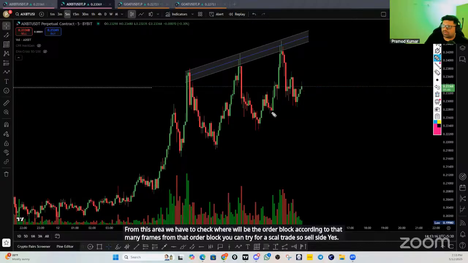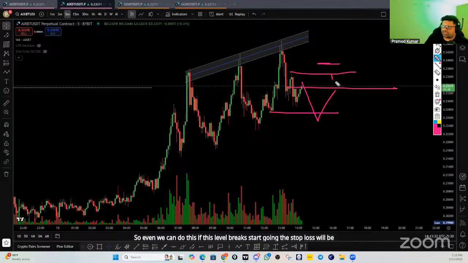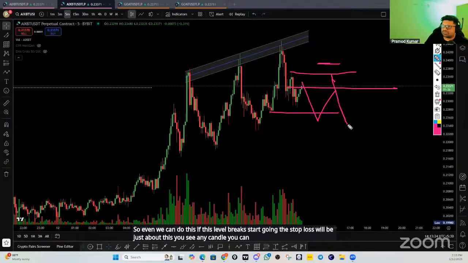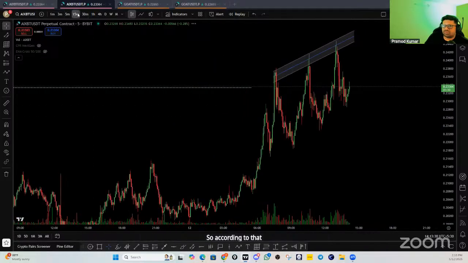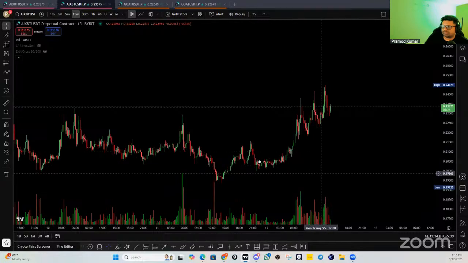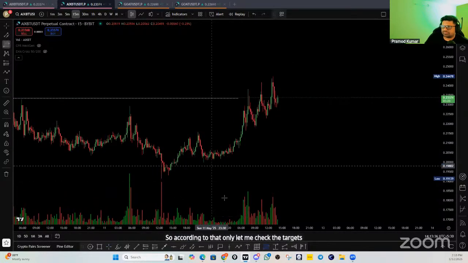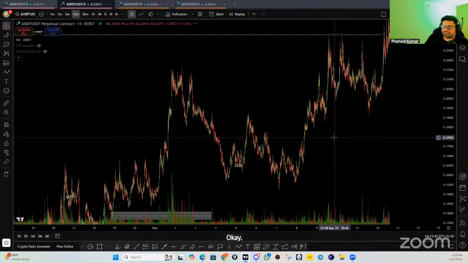So even we can do this. If this level breaks, if it starts moving, the stop loss will be just about this. If you see any candle, you can enter. So these are all liquidities. According to that, let me check the targets.